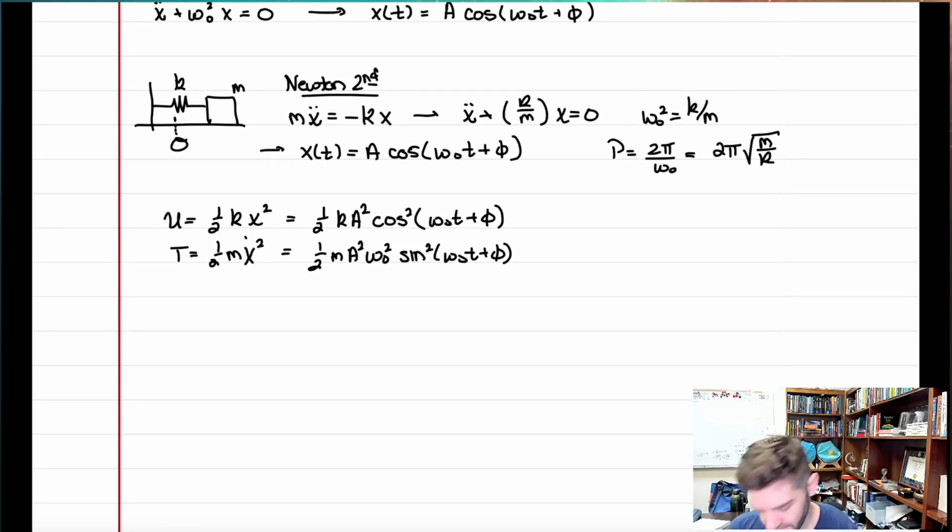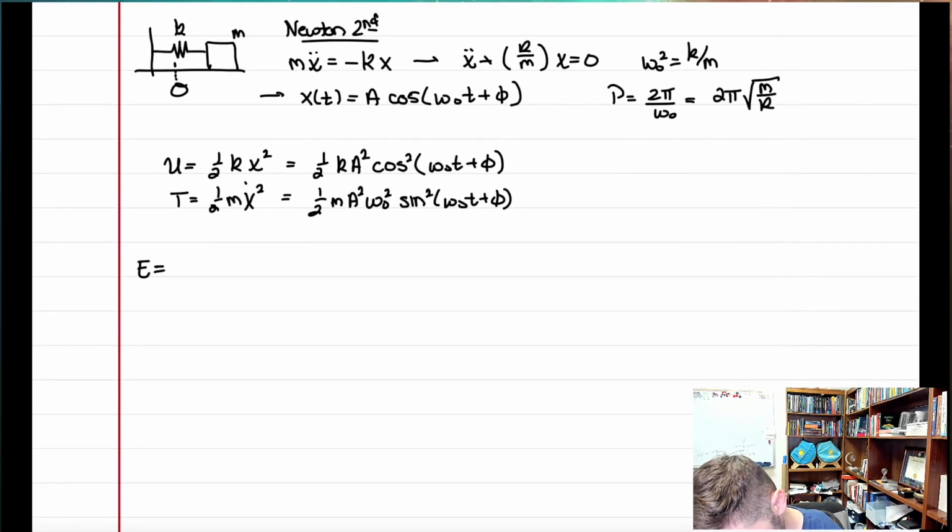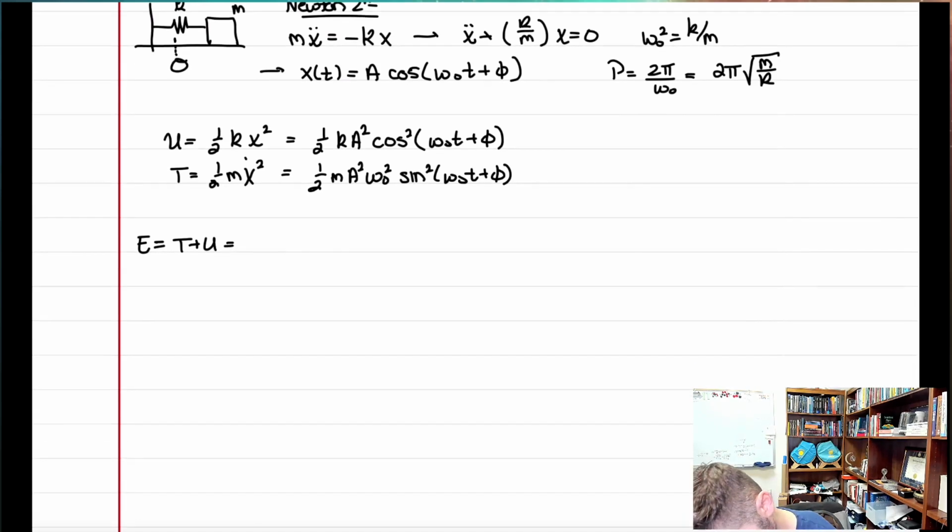Such that if I add these two together and ask myself, what about the total energy, T plus U? Well, there are some 1/2s. There's an A squared in both cases, but that's about it. Then the kinetic energy has an m omega naught squared, all multiplied by sine squared of omega naught t plus phi, and there's a k on the potential energy term.